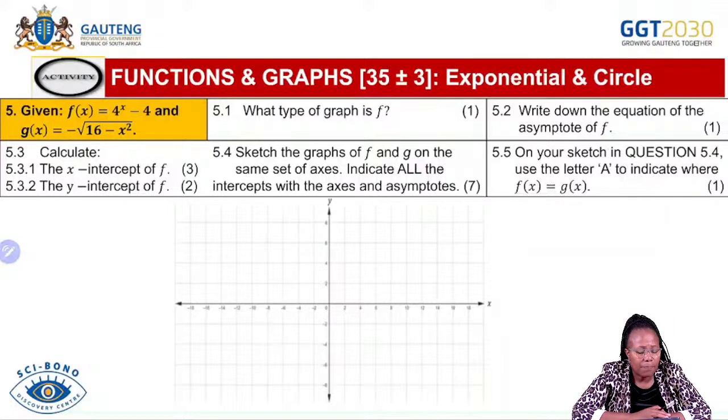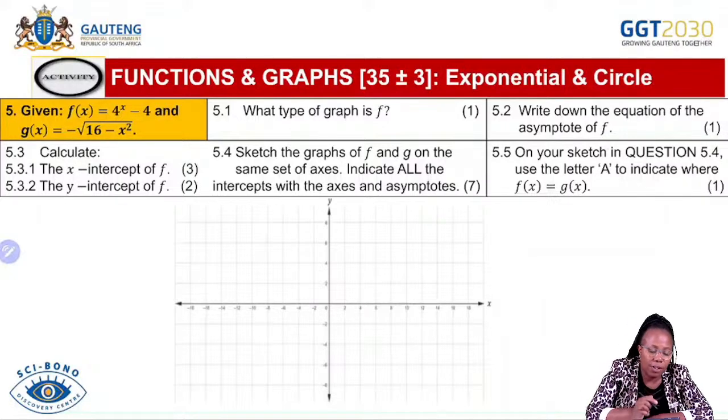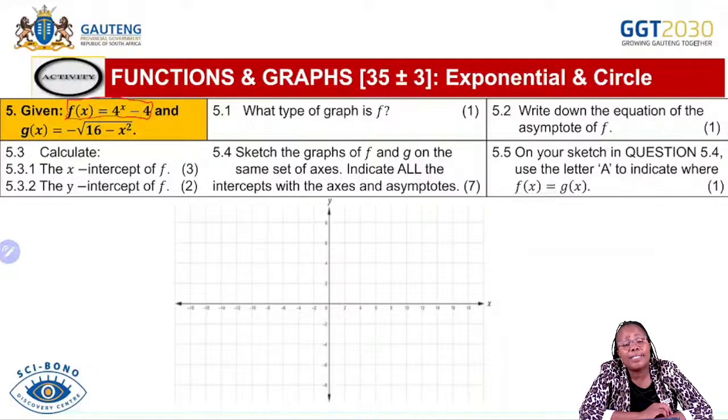We are having f(x) equal to 4 to the power x minus 4. You must know your graphs. If you look at the equation, you must be able to tell, oh, this type of a function is an exponential one. How do we know? It's because x is on the exponent.